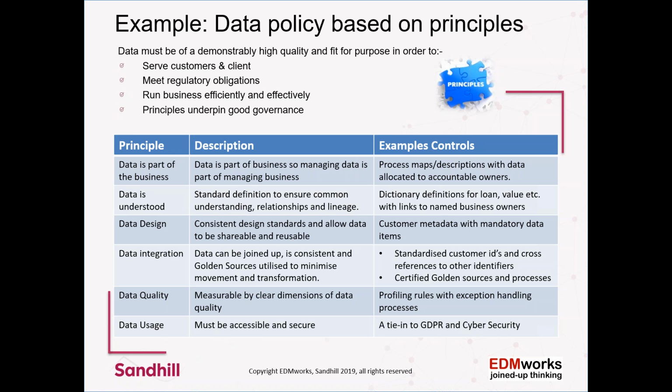System Y is the golden source for certain types of corporate customers with corporate hierarchies. And these sorts of things, we expect to see lists of things starting to build up. Data quality, we'd expect to see profiling rules, and data usage, and certainly a tie-in with some GDPR and cybersecurity activities that are going on.